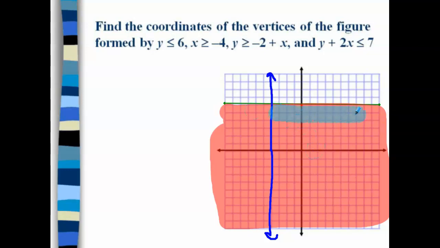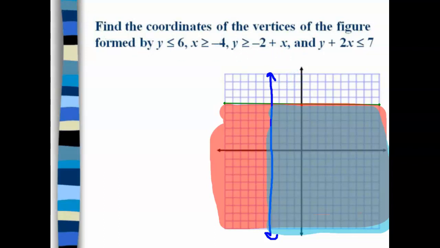Do it a little lighter just so I can plot my other points. And then we have the line y greater than or equal to -2 plus x.